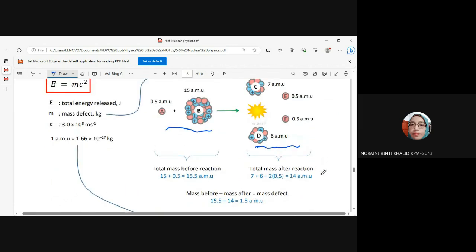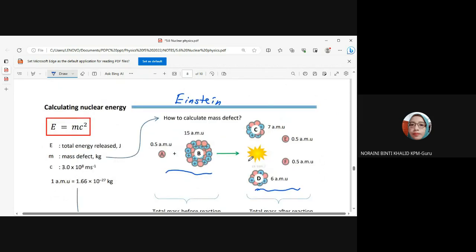Meaning mass after reaction is smaller than before, or we can say there is loss of mass. The loss of mass is called mass defect. Sepatutnya mass sama lah sebelum dengan selepas.